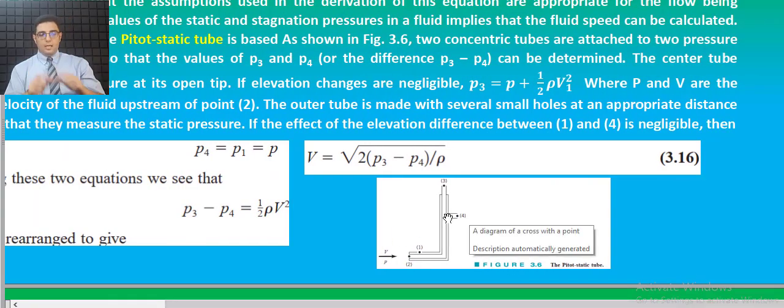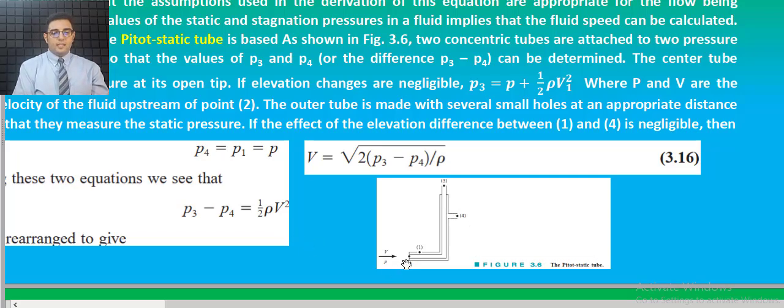The P dot is the object which is connected to the sides of a pipe, and it can consist of a pressure gauge above it to measure the pressure. As you see in this part, at point 2, the stagnation pressure is happening.